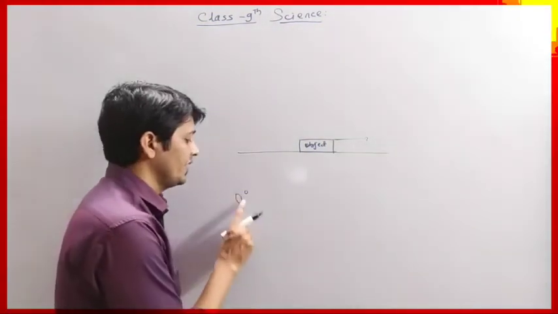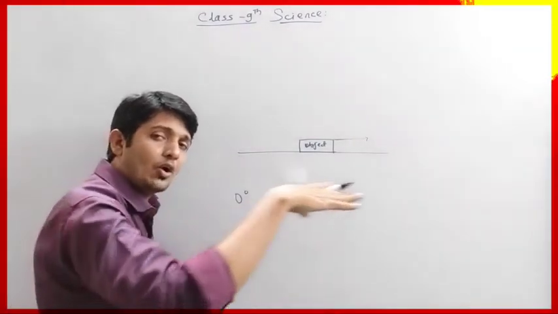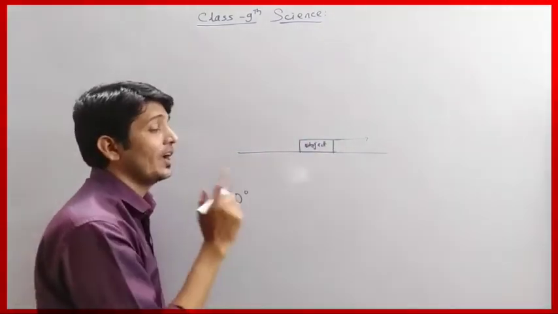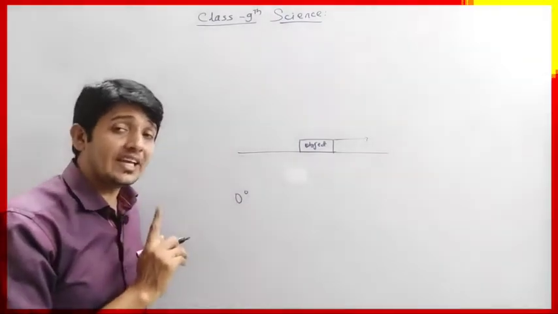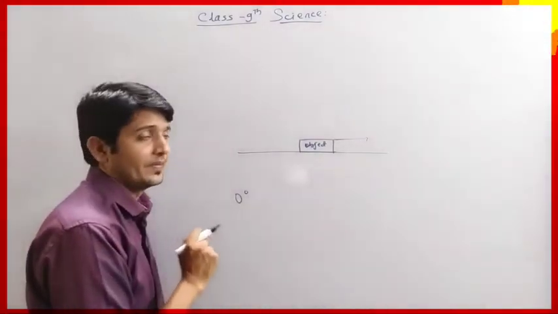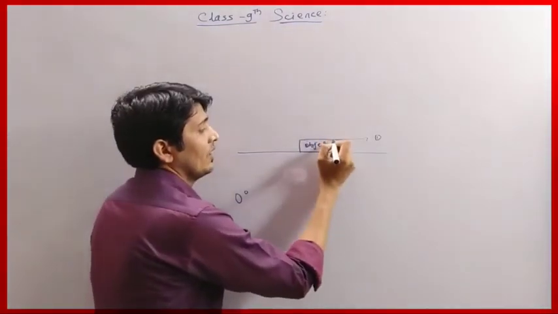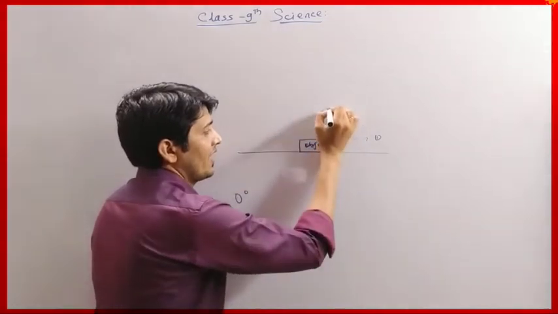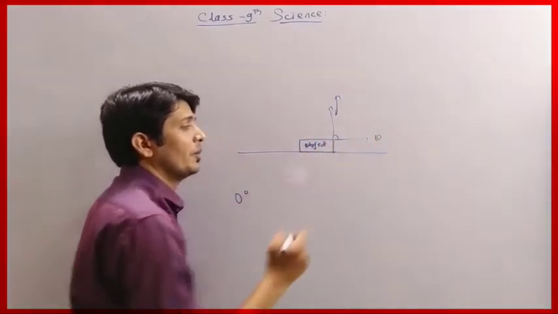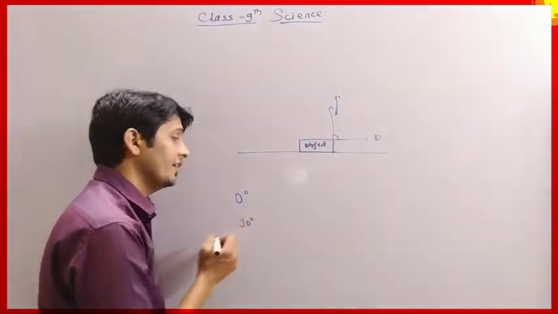This is one of the conditions. When force is applied in the direction of the x-axis, the angle formed between the x-axis and the direction of applied force is 0 degree. If we apply force in this direction, perpendicular to the x-axis, then we write 90 degree.